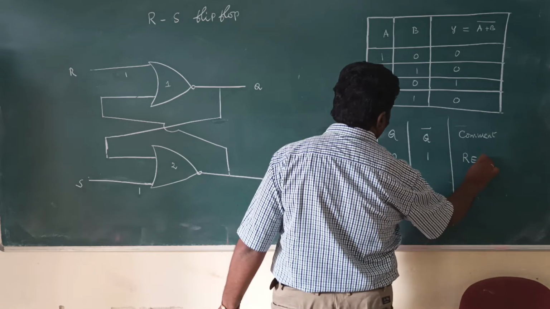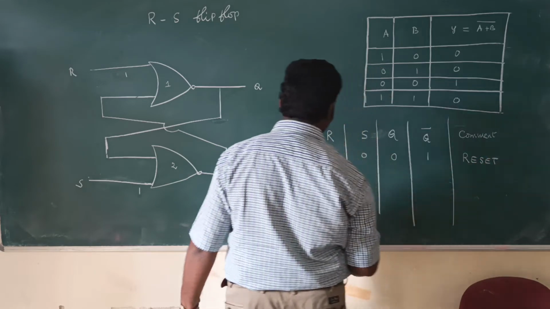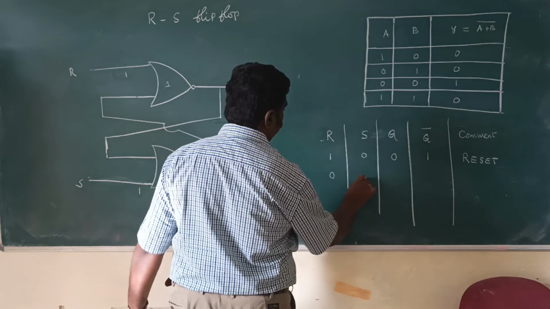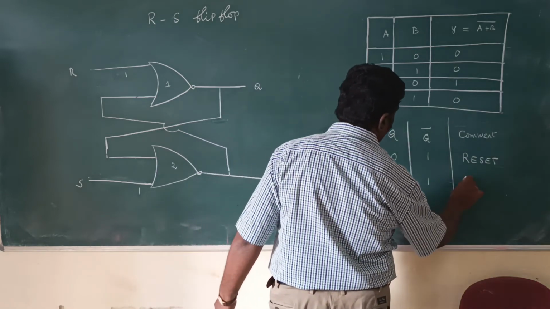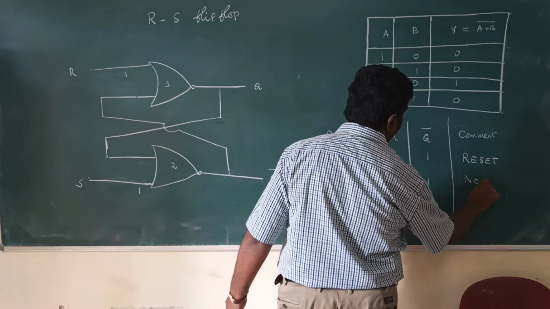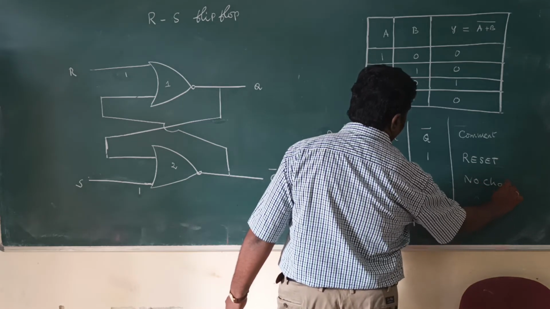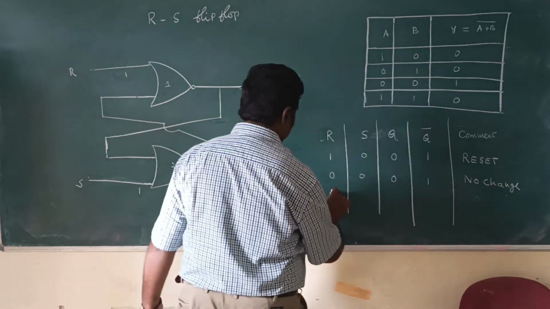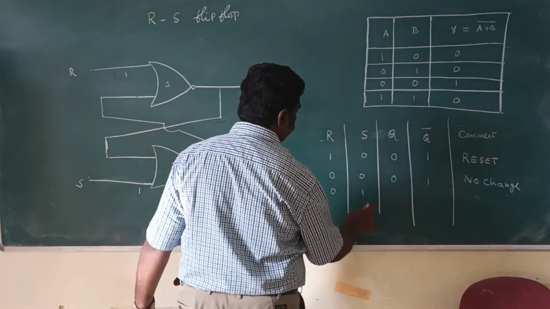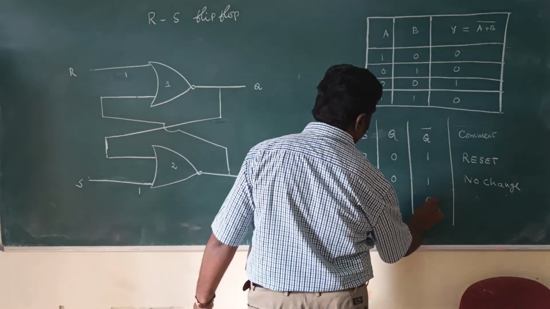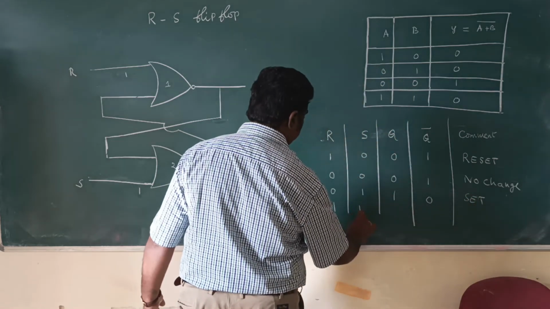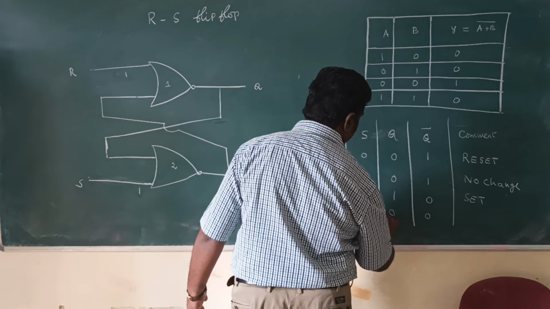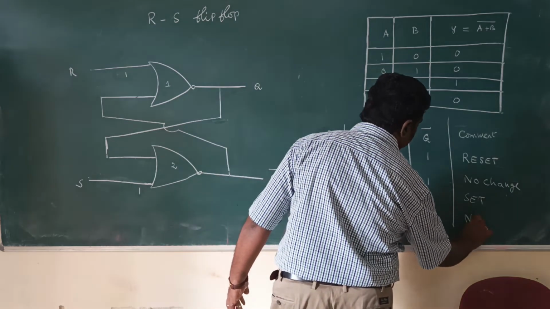This is reset. Then both are 0, then Q equal to 0, Q bar 1. There is no change. Then R equal to 0, S equal to 1, Q equal to 1, Q bar 0, the set state. Both the inputs are high, it is not allowed.